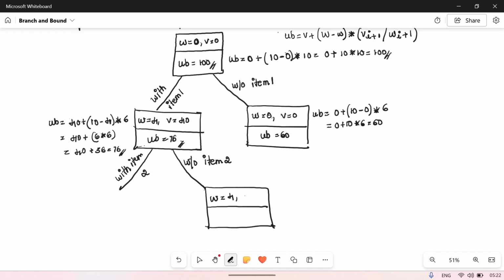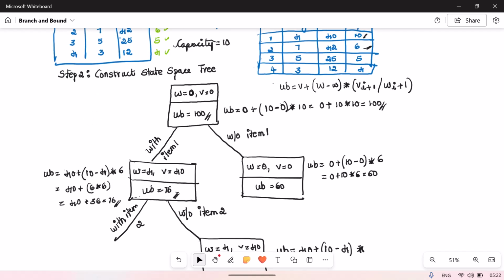So value and weight will be of the previous item. V equal to 40, W equal to 4. So upper bound is value, that is 40, plus total capacity 10 minus weight of the current item, times, because this is item 2, you will consider the next ratio, right?